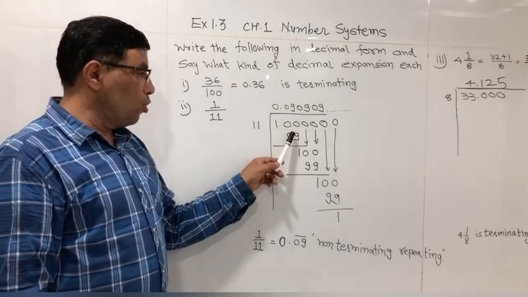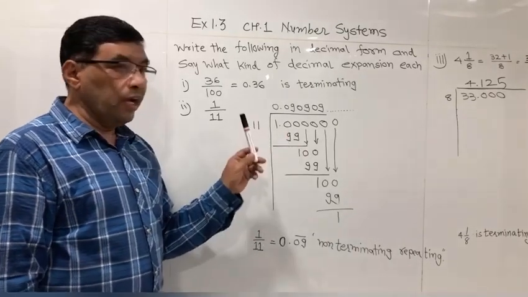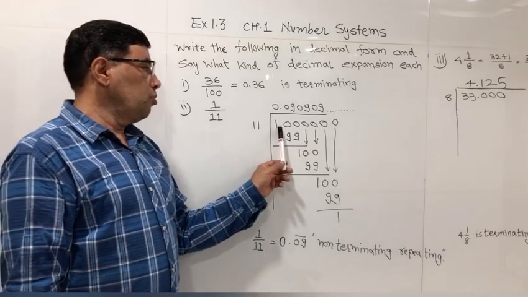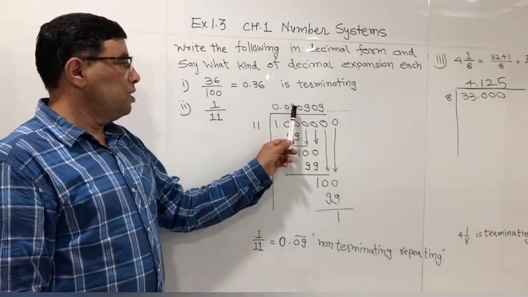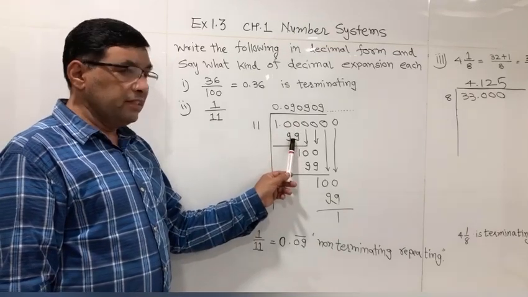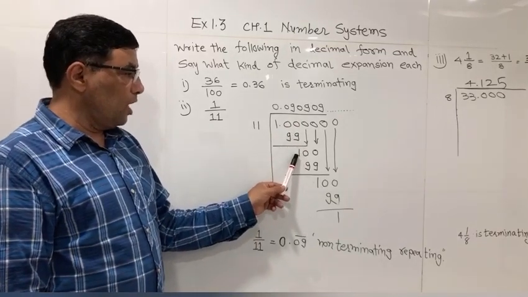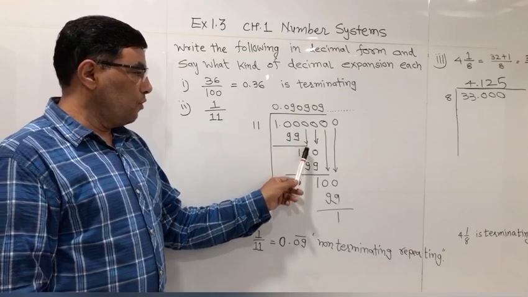Then we take one more 0 here. Now the number is 100, and 11 nines are 99. The remainder is 1. 0 we take down.